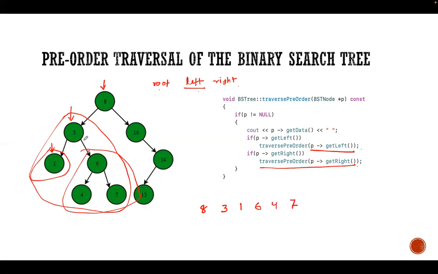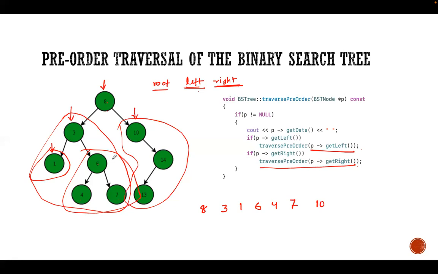Now you are done with the whole left subtree. You did the root, you did the left, and now the task is the right. So you'll go to the right. That's another subtree, and you are going to do the same root, left, right for this subtree. Here you have the root, which is 10. You go to the left.